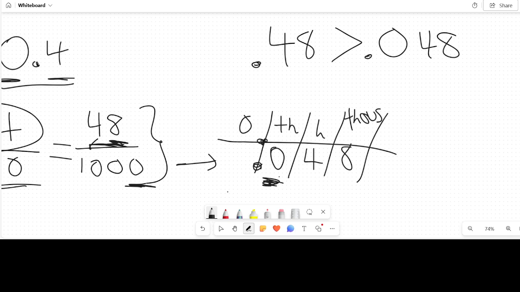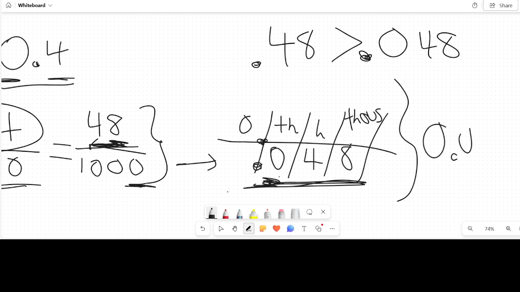Okay? So if you forget that 0, you're getting a completely different number. So it's really important to remember that there is a 0 in the tenths place if you have 48 thousandths. So my final answer is 0 and 48 thousandths.